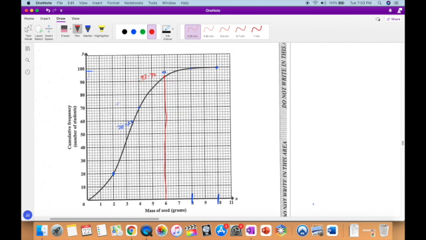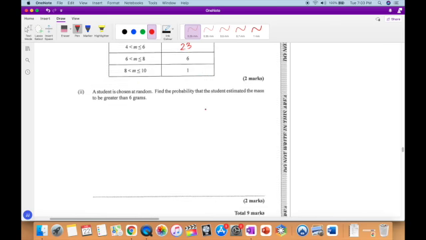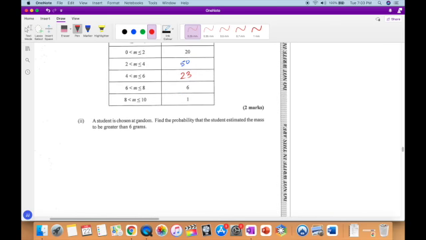So from 93 to 100, 100 minus 93, what is that? 7. So 7 students thought that this thing was greater than 6 grams. So it's only 7 out of the full 100 students.